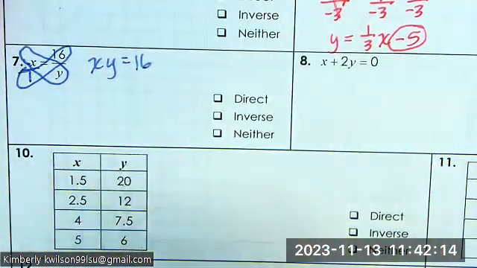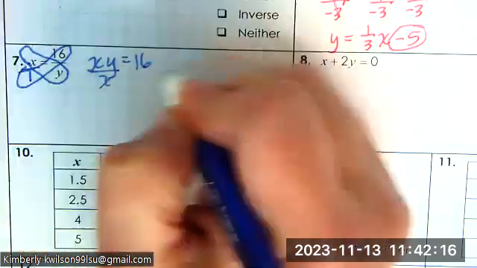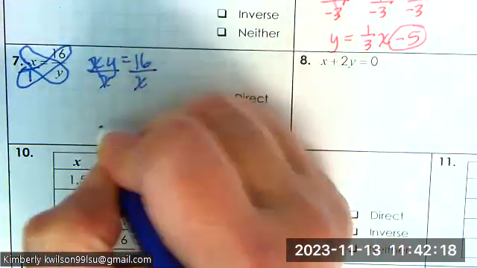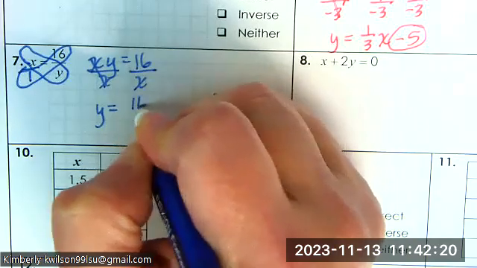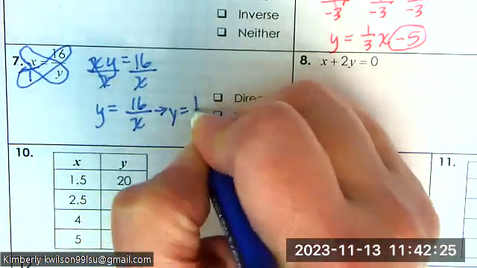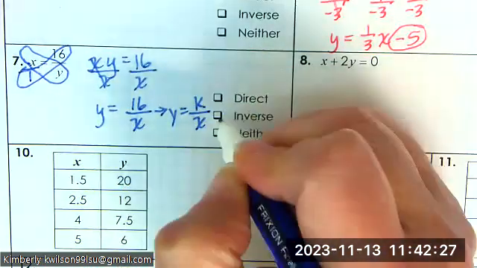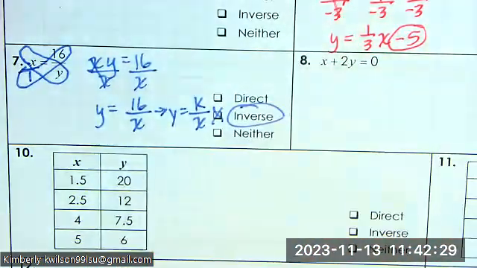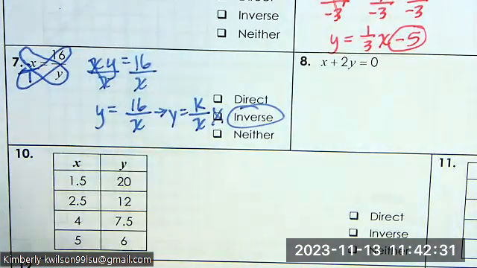Now I can get the y by itself. Divide by x on both sides, and we get y equals 16 over x. That looks like y equals k over x, which is the inverse.